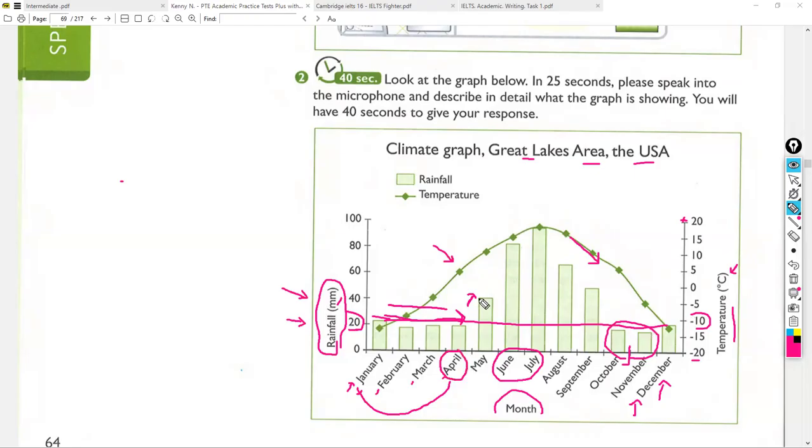Then the temperature starts going up to reach the highest, the peak, which is plus 15 Celsius, in July. Then the temperature starts going down till reaching the end of the year.